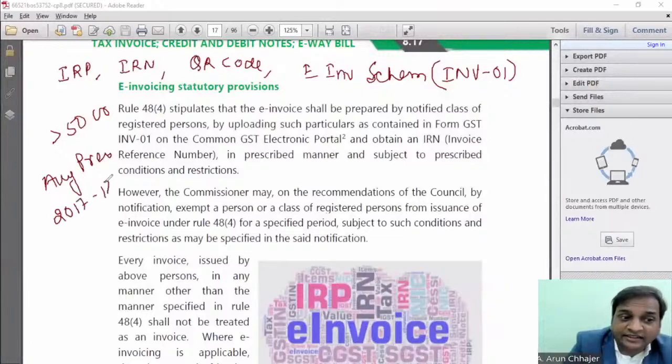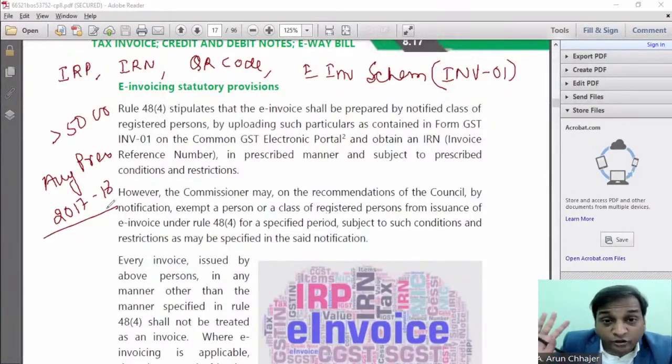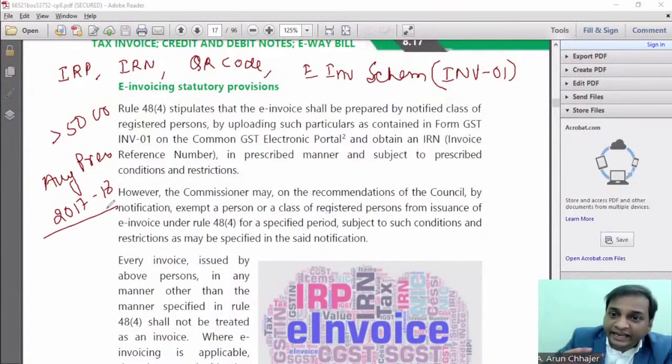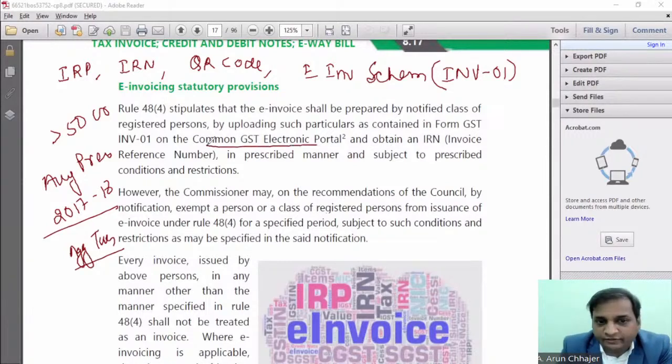If these words are there, no one will stop you, no one will reduce your marks. If these certain words are there, no problem. You are perfect in giving the reply. You can modify your language, no problem. But these words have to be there. And aggregate turnover. INV-01 on the government portal, IRN in the prescribed manner, subject to such condition and restriction.